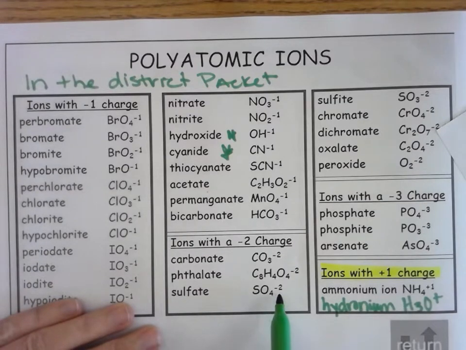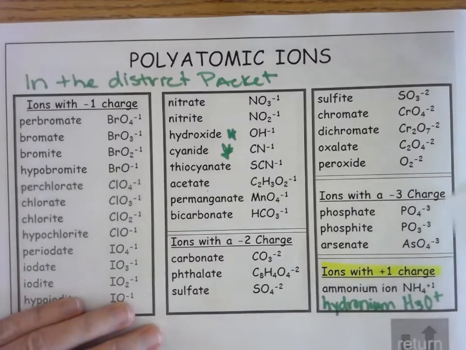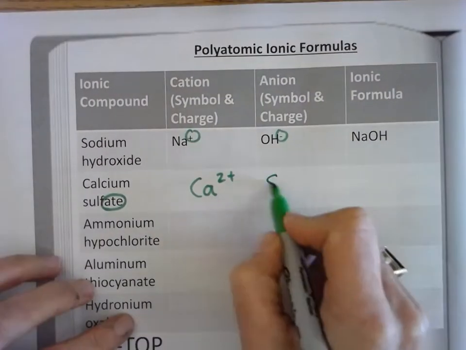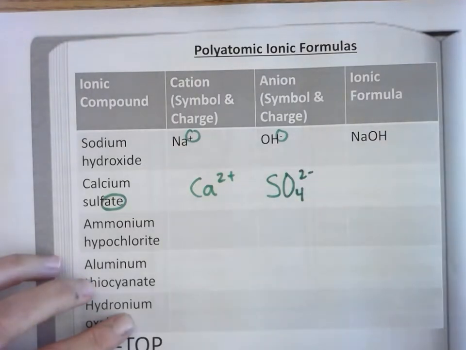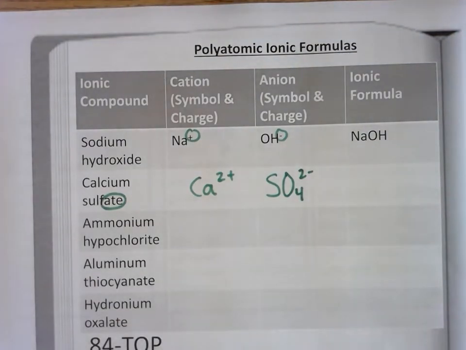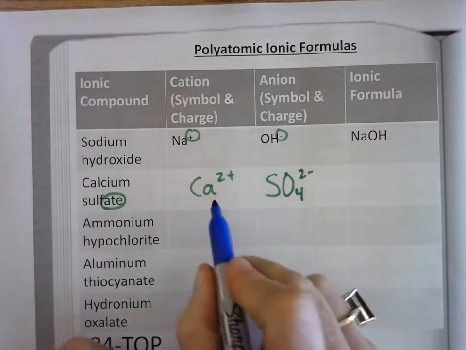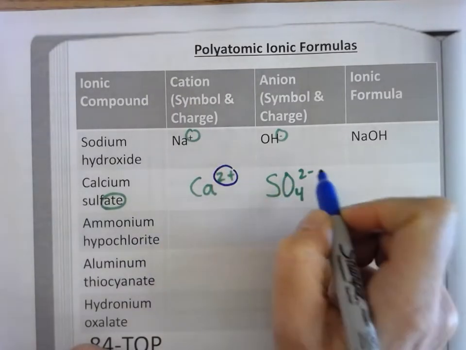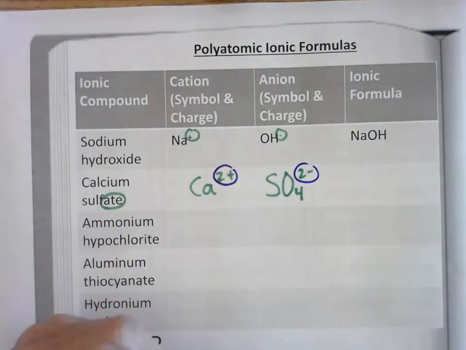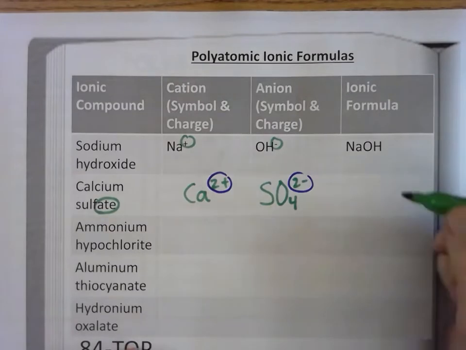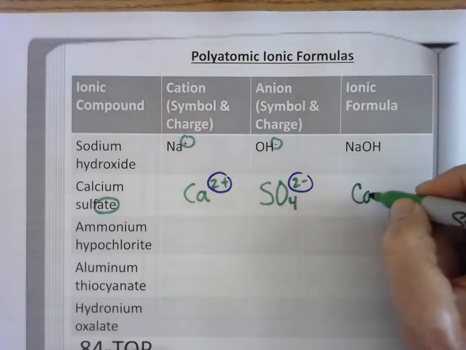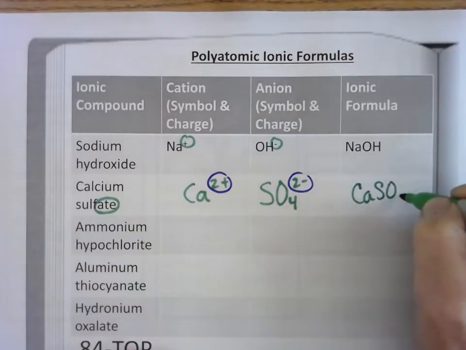I'm going to write everything that's there: big S for sulfur, big O for oxygen, there's 4 of them, and the whole thing has a -2 charge. Even though there are multiple things written in the anion, you're still just going to focus on the charges because they're equal and opposite, or if I add them together, it adds to 0. They cancel each other out. I'm going to just pull out the charges and write the formula.